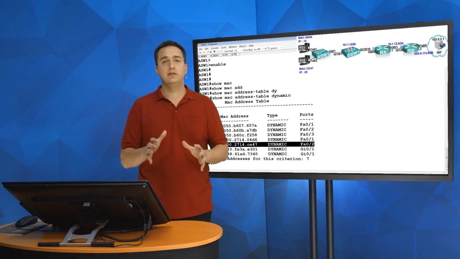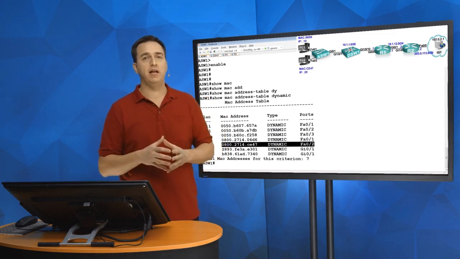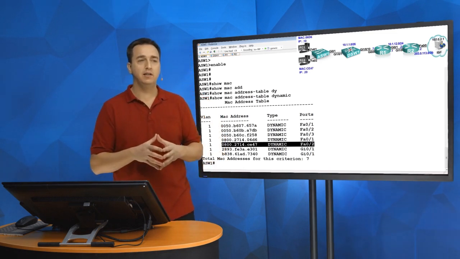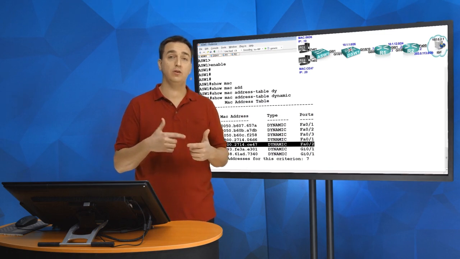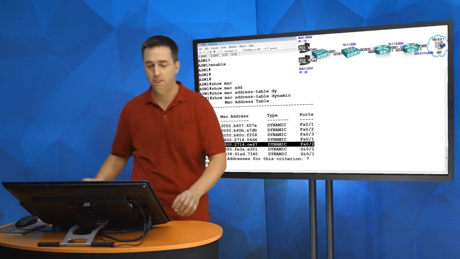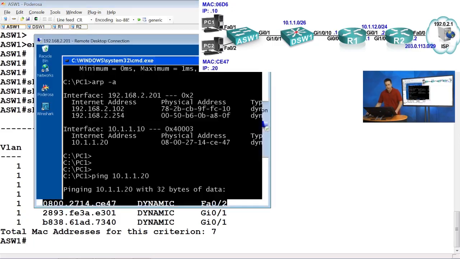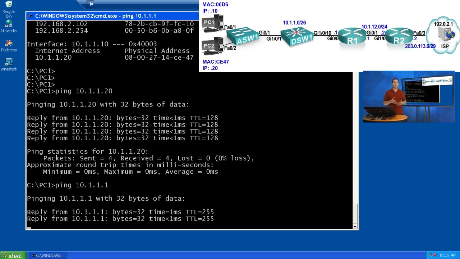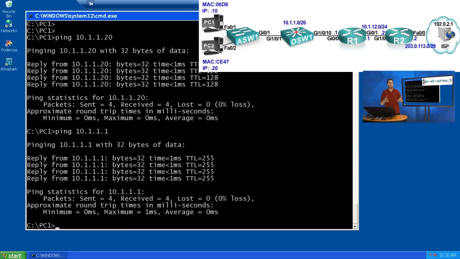But let's look at a more complicated example. Well, it's not really complicated, because if you understand the frame forwarding process, it's the same process that just repeats over and over again. So this time, let's analyze it from the perspective of pinging our default gateway. If I ping my default gateway in this case, we have our successful reply.